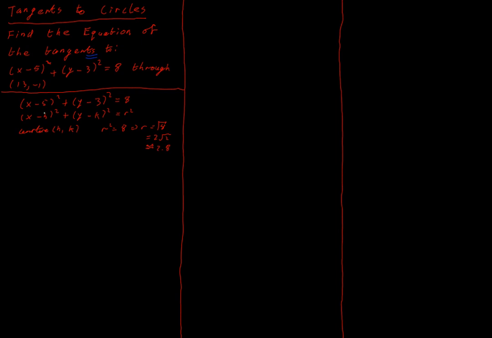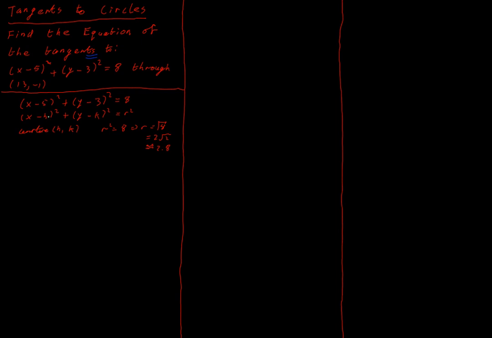And my center is at h and k, so I have minus h and minus k in my formula. This is part of why it's so important that we go to our log tables and write this down underneath the equation that we've been given. I can see that the 8 is r squared, and I can see that h is going to be 5, not minus 5, because the equation I'm working from has minus in front of the h.